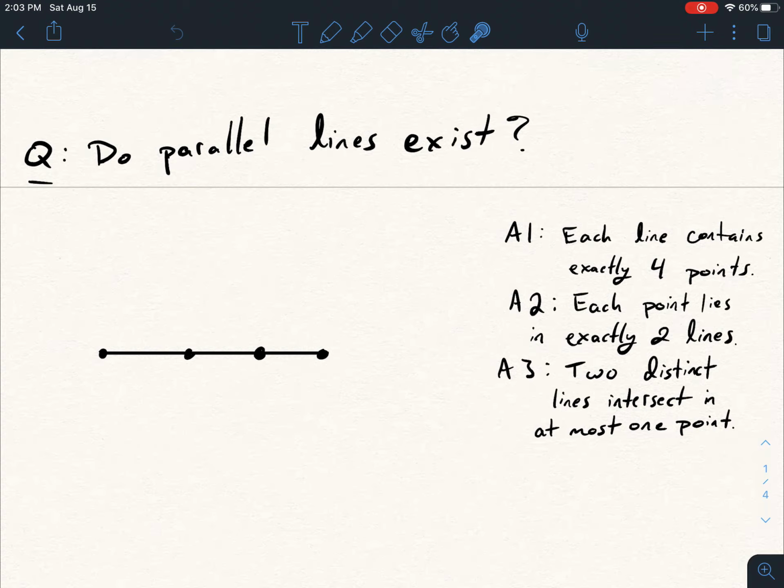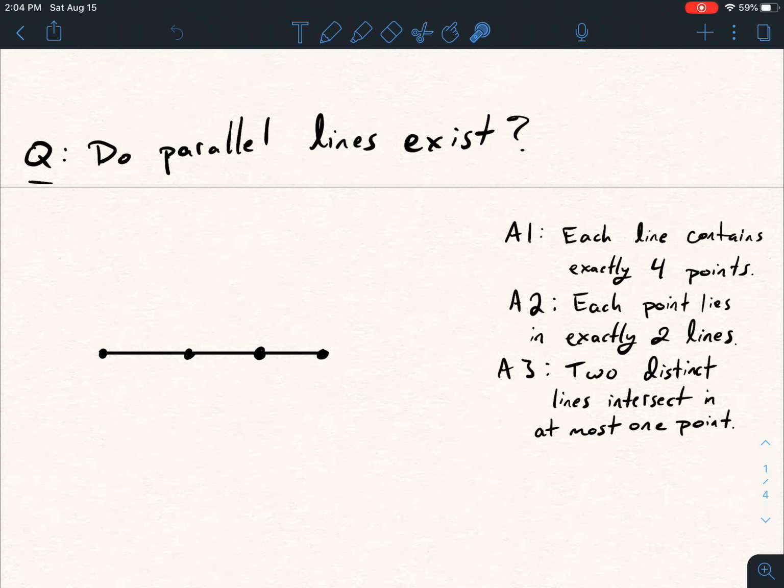So this line by itself does not satisfy this axiomatic system because it does not satisfy the second axiom. So we have to do more. We have to add in more lines to fix this, right?